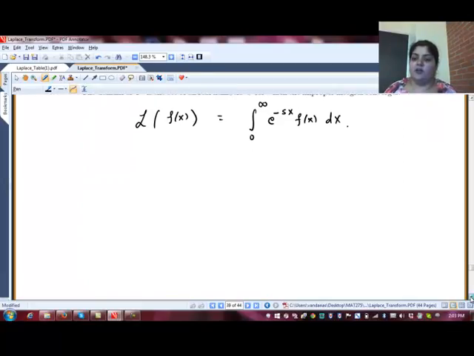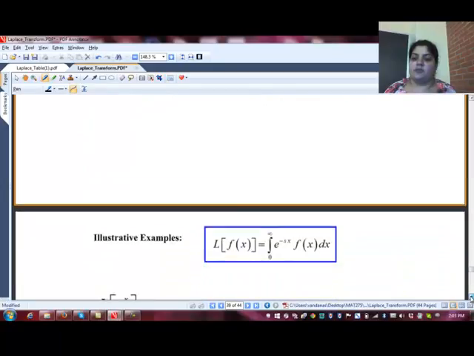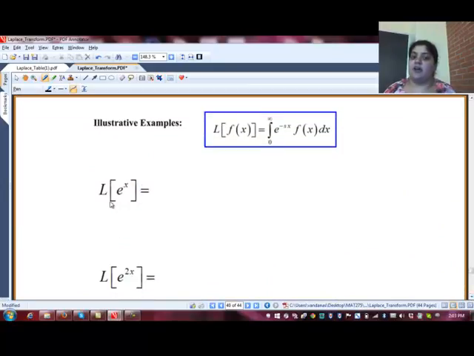So let's find the Laplace transform of some simple functions. Say I want to find the Laplace transform of e to the power x. By definition it will be the integral from 0 to infinity of e to the power minus sx, where f(x) here is e to the x, dx. So this is by the definition of the Laplace transform.